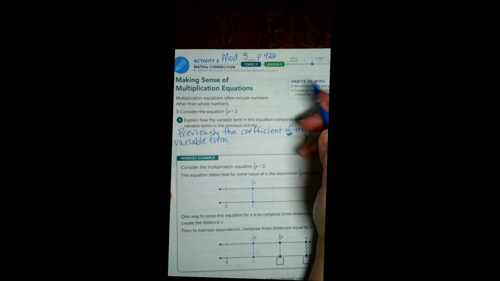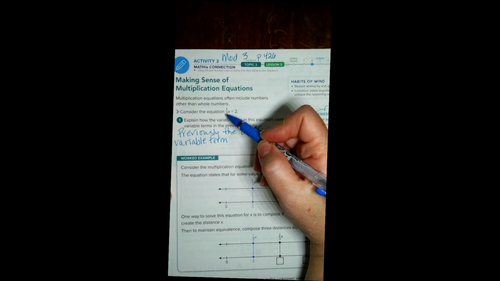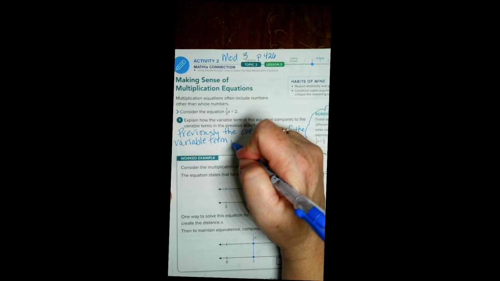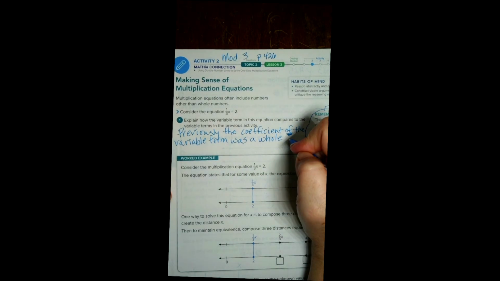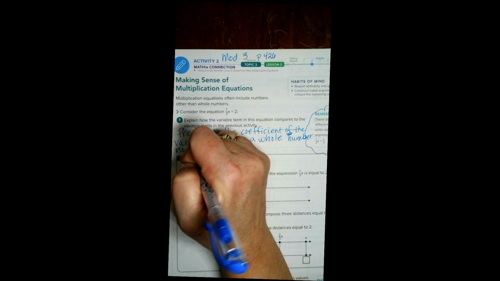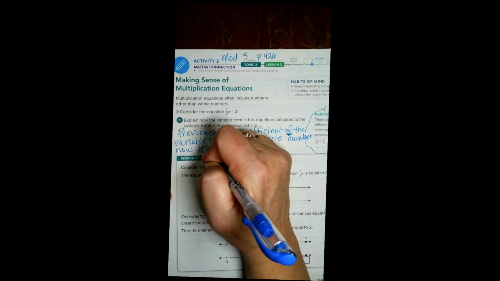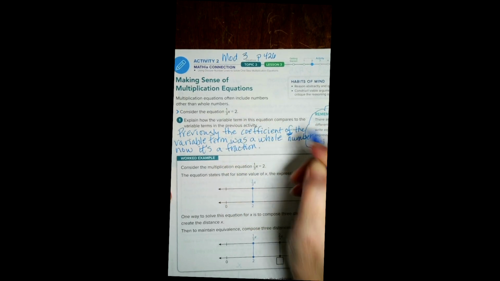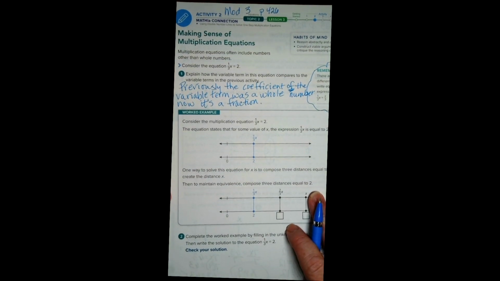Notice how it uses the word of, which means multiply, and we do multiply the coefficient times the variable. Previously, the coefficient of the variable term was a whole number. Now it's a fraction. Pause if you need to. I'm going to continue on.